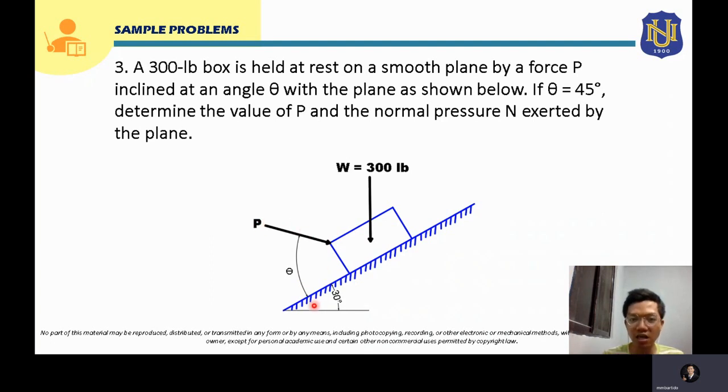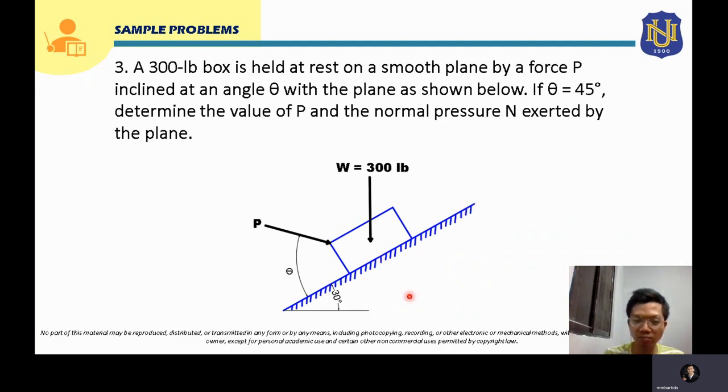Also, class, aside from this force P, this box is also supported by this surface.